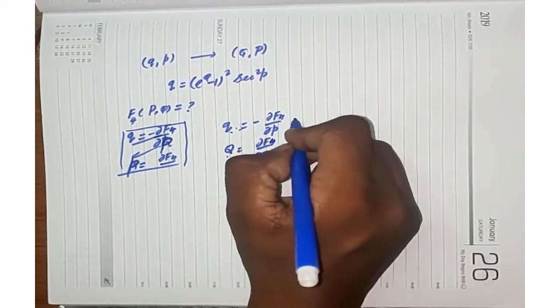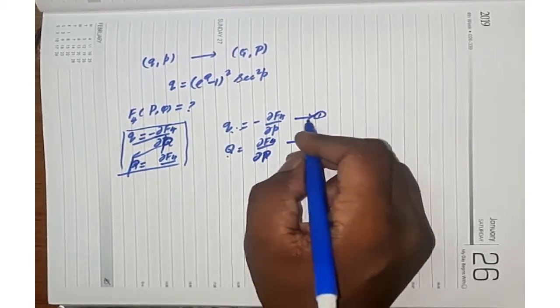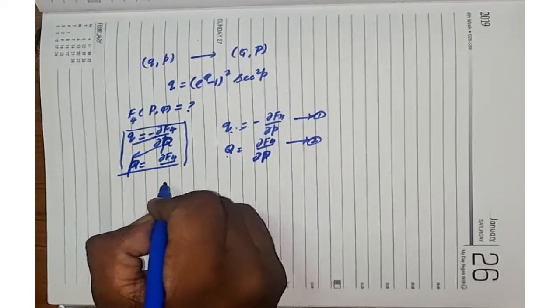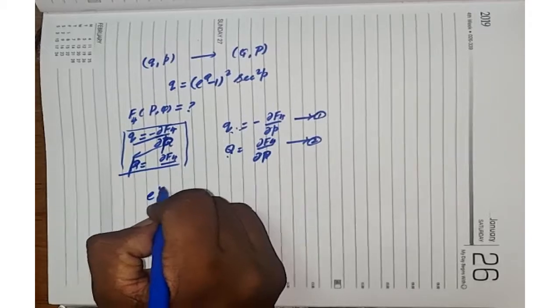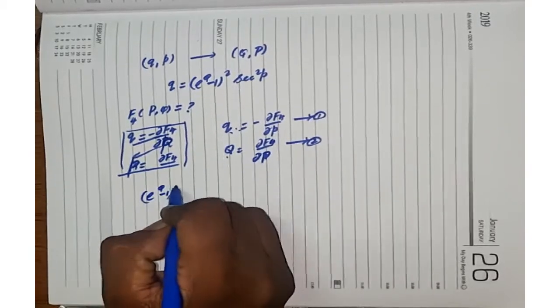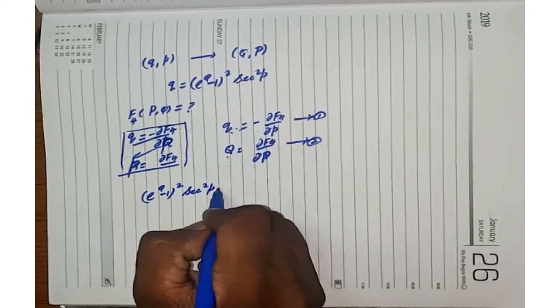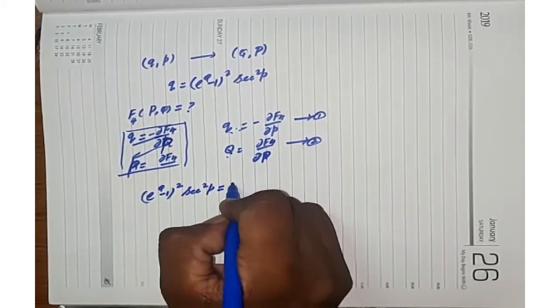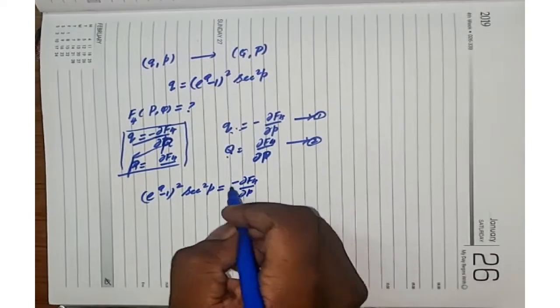Take this as equation number 1 and this as equation number 2. Substituting in equation 1, for the small q on the left hand side, we have (e^q minus 1) whole squared secant squared p equal to minus ∂F4/∂p.